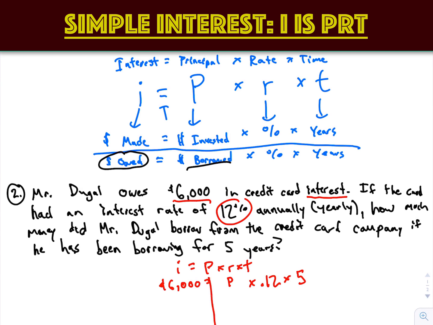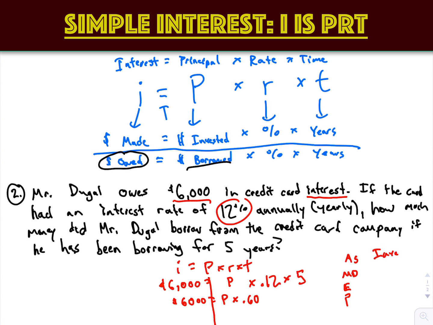Okay, first things first, I'm going to do 0.12 times 5, which is 0.60. So P times 0.60 or 0.6 equals 6,000. When solving for algebraic equations, we do PEMDAS, our order of operations, upside down, and we do the inverse operations.